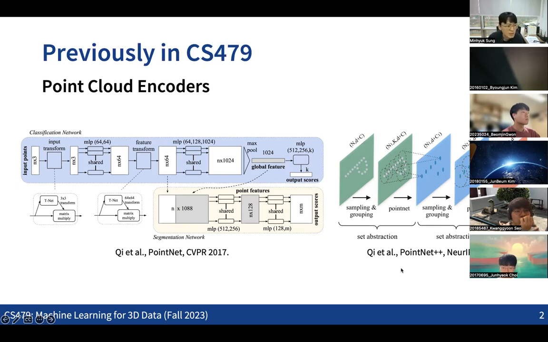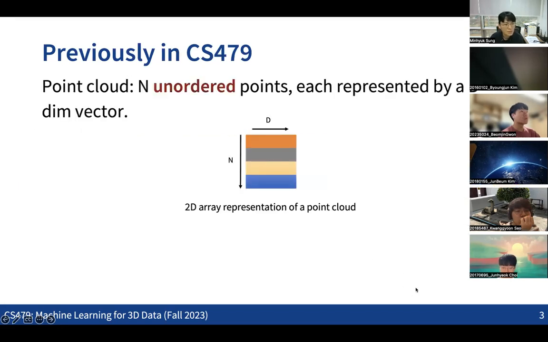When we design an architecture to process the neural network, there are two things that we discussed as the main aspects that we need to think about. Basically, we are taking a set of points, some unordered information, as the input.